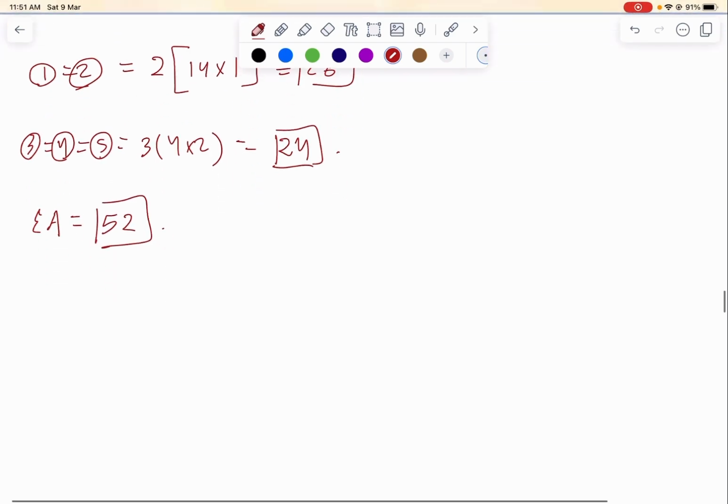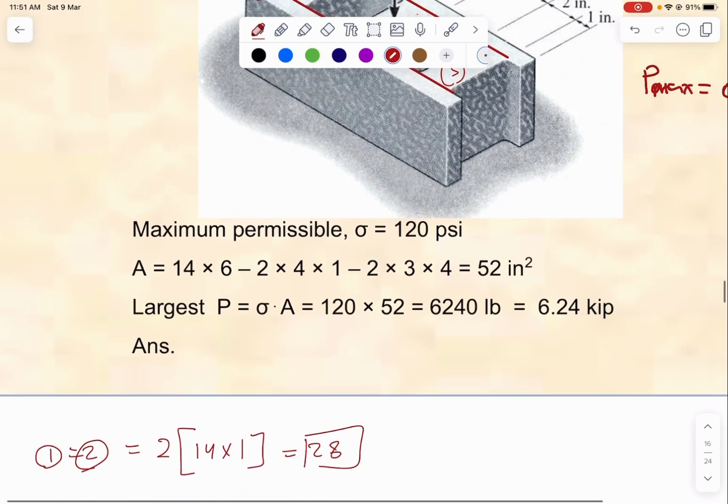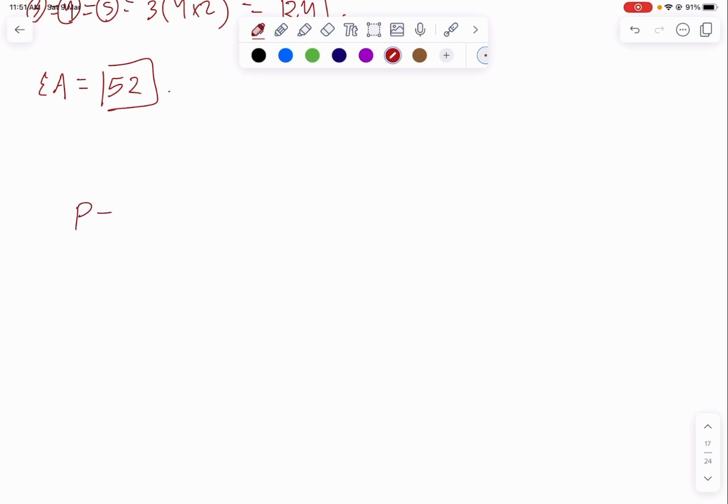Okay. Now sigma is 120. So we said P is 120 times 52. So this is the largest P.